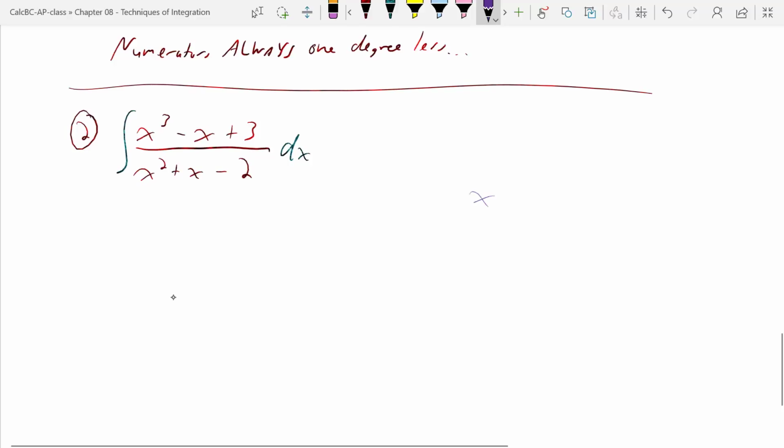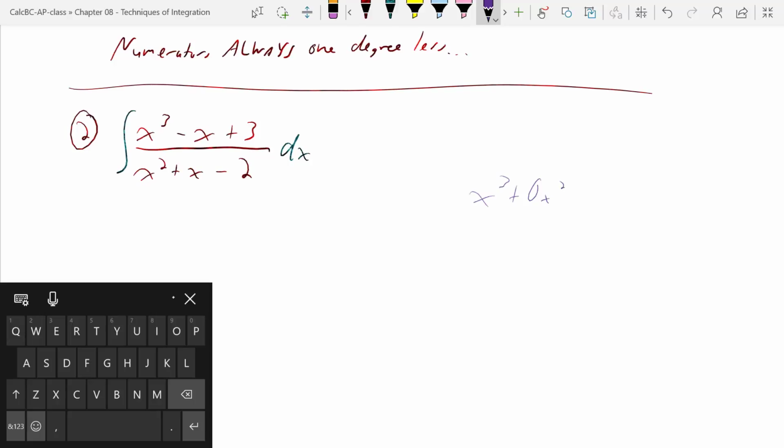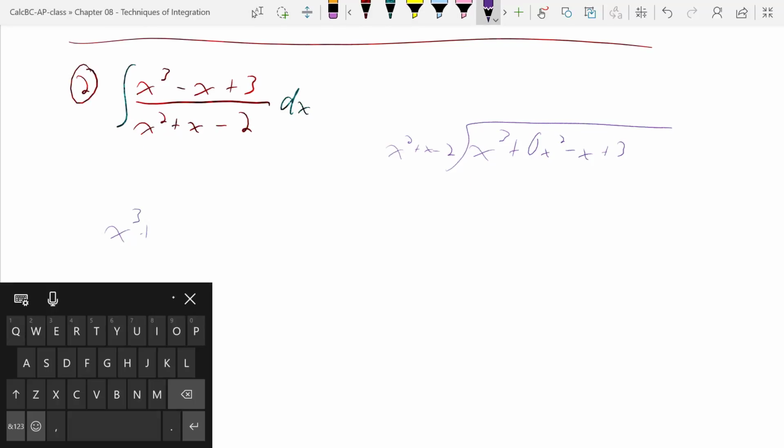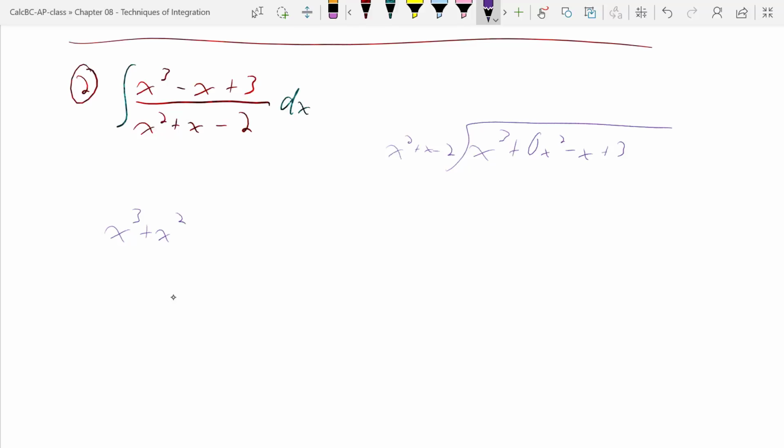Now, you guys could divide by doing this, and that's fine. That actually might be a little bit easier in this case, because you're going to come up with what you need right away. I am more of a fan of dividing a little bit differently, as you guys have seen. So what I'm going to do is say I want x cubed, but I need to have an x squared in there, and I need to have a negative 2x, because that's what's going to divide out the x squared plus x minus 2.